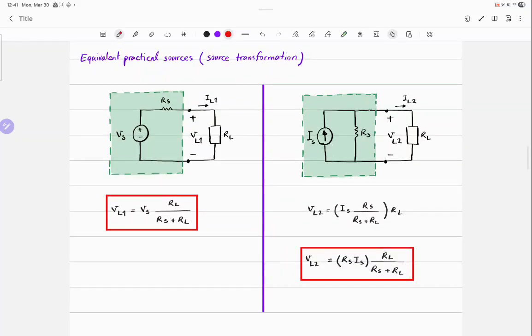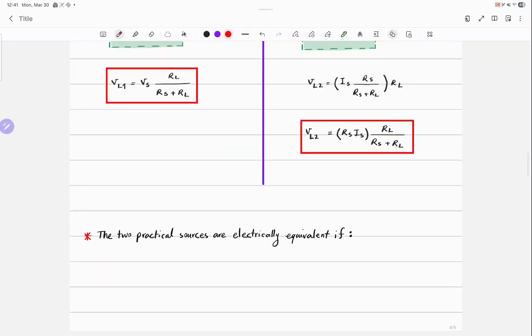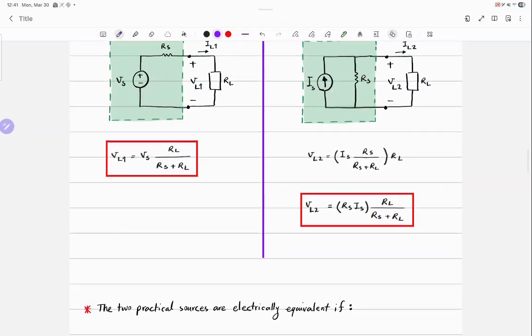VL1 and VL2. What's the condition that VL1 is equal to VL2? When VS is equal to RS IS. I can write it here.